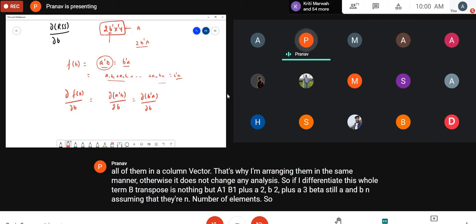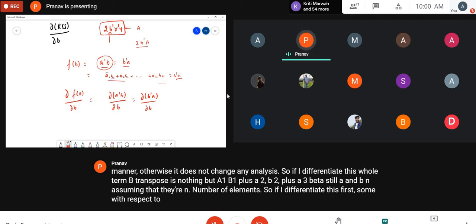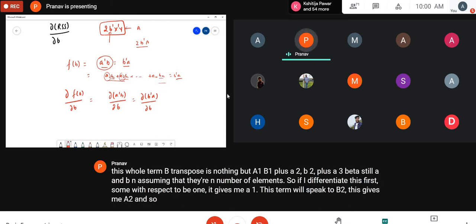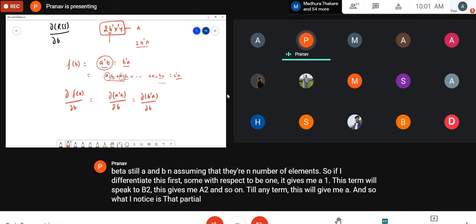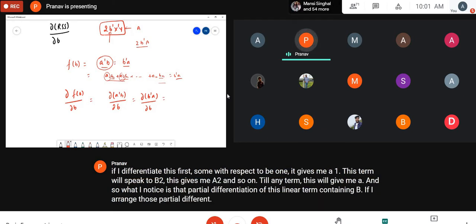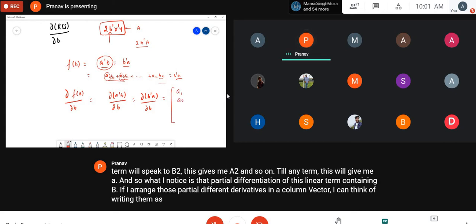If I differentiate the first term with respect to b1, it gives me a1. The second term with respect to b2 gives me a2. And so on, till the nth term, which gives me an. So the partial derivatives of this linear term containing b, arranged in a column vector, are a1, a2, and so on till an.